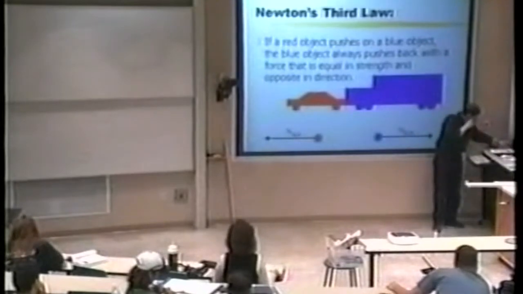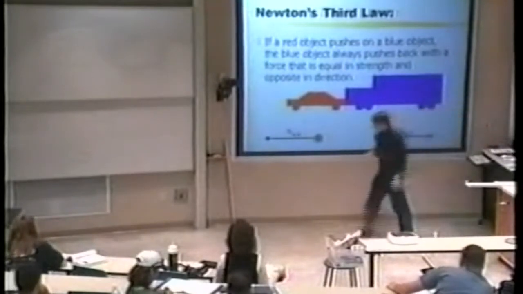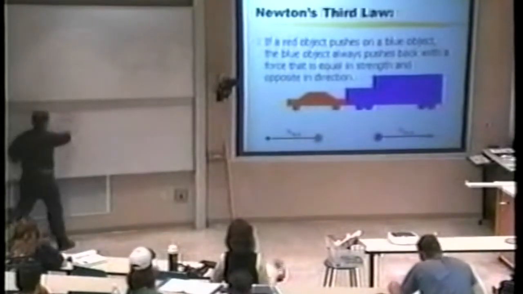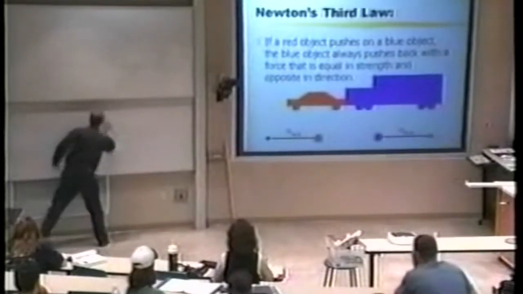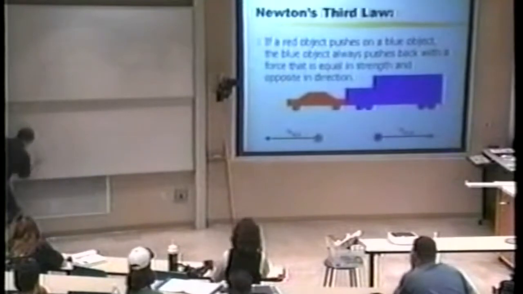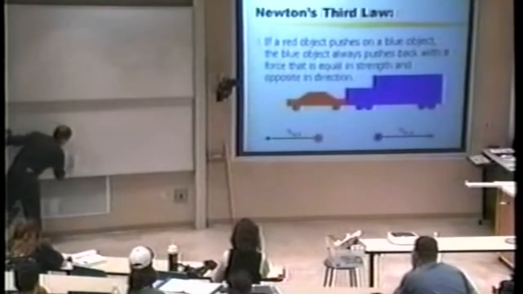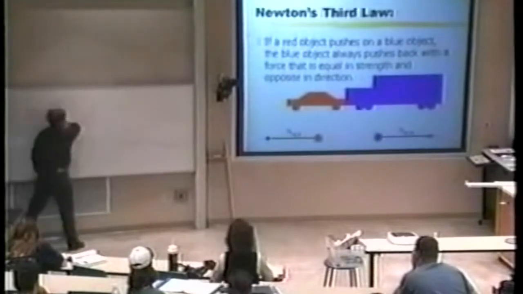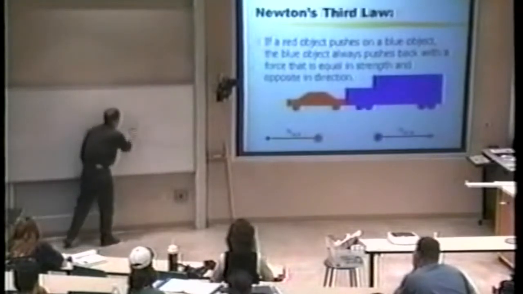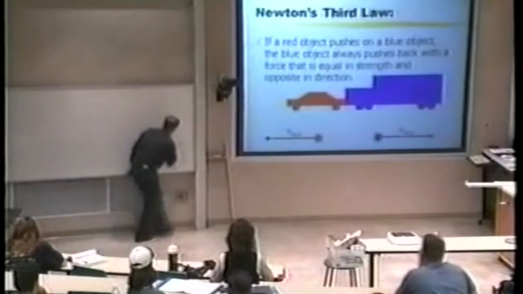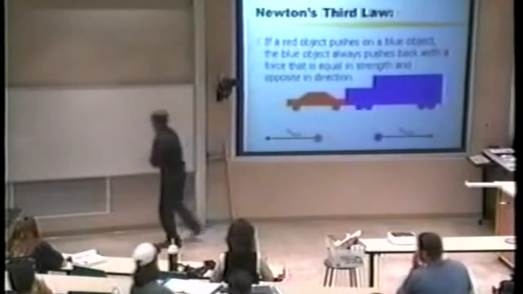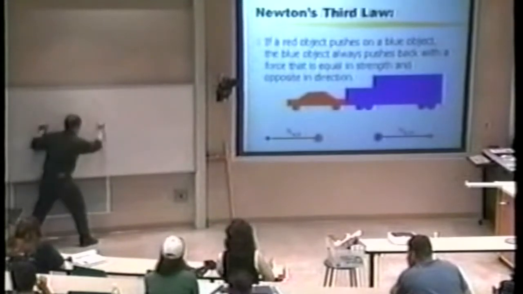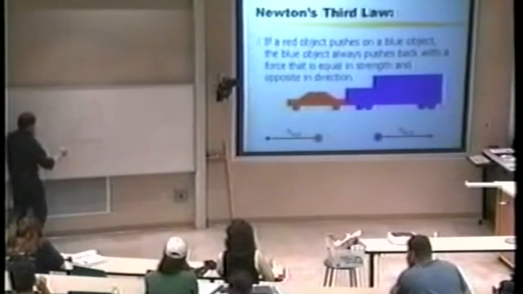But, okay, let's do something with this. Let's pretend that we're rocket scientists. We have a rocket that we built, and it looks like this, that I mentioned I can't draw.